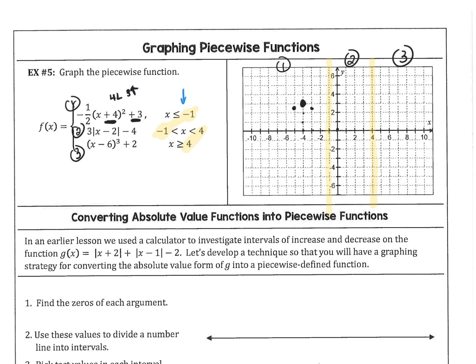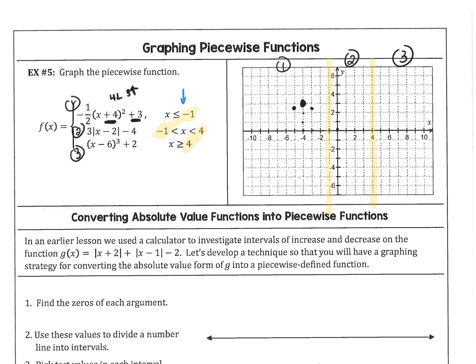Now, all I really need to know is what it does next at the border. So what is my border value right here? It's -1, isn't it? So let's plug that in. -1 plus 4 is what? Guys, you got a calculator. -1 plus 4. 3 squared is 9 times the -half.